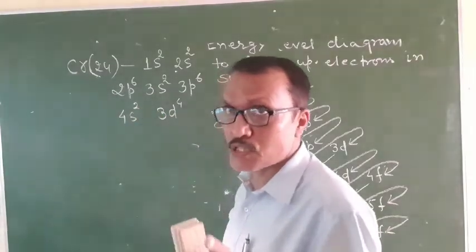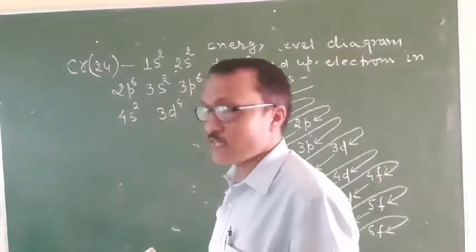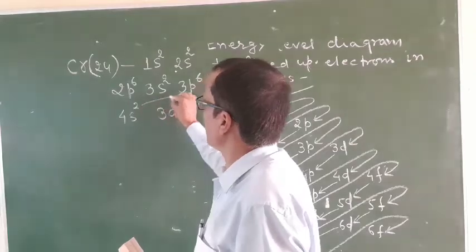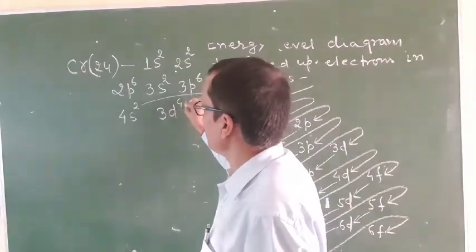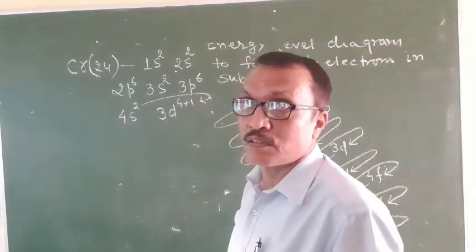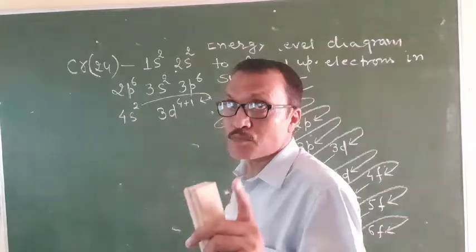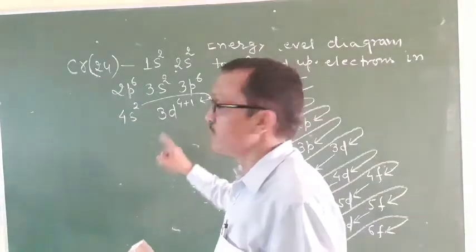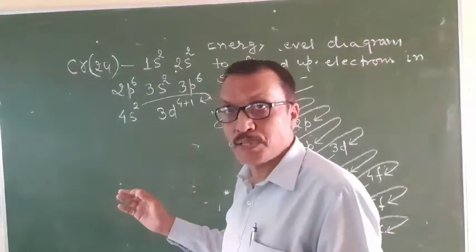So if this 4s subcell transfers 1 electron to 3d, then 4s becomes 1 and 3d becomes 5. Students, now both became stable.